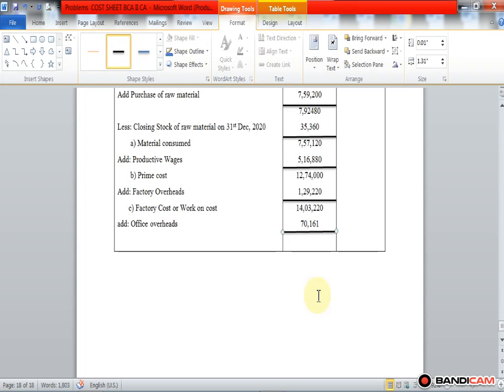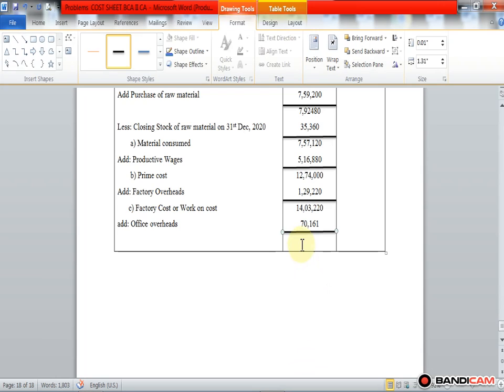Opening stock and closing stock of finished goods should be ignored, because opening stock of finished goods is added in cost of production, and closing stock of finished goods is deducted from cost of production.